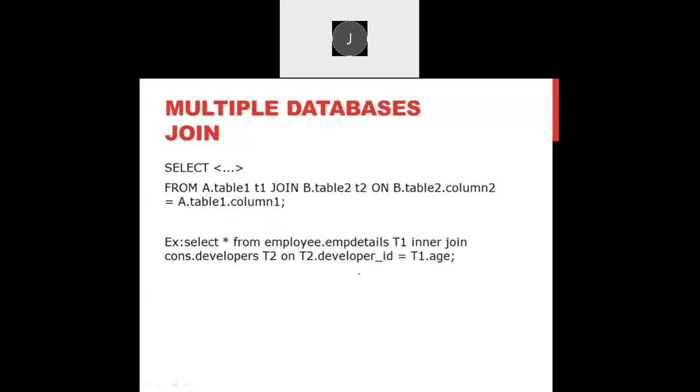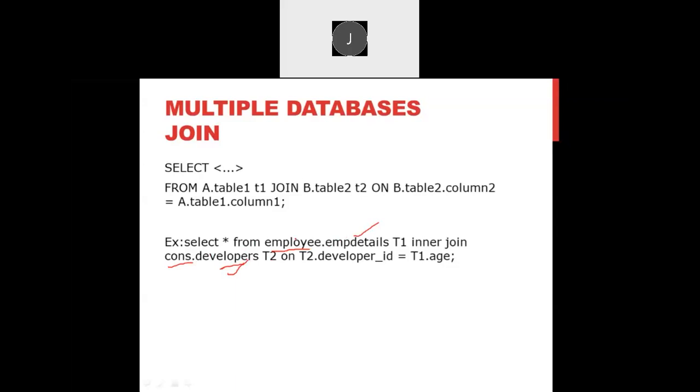Say for example, there are two databases you want to take, like the employee database and the cons database, where cons is the database name. And the tables you are going to join in those two databases are employee details and developer details.